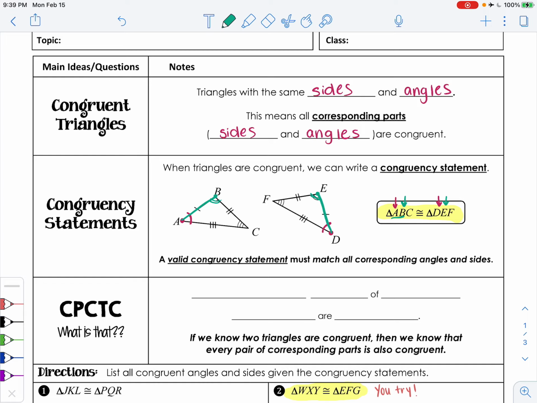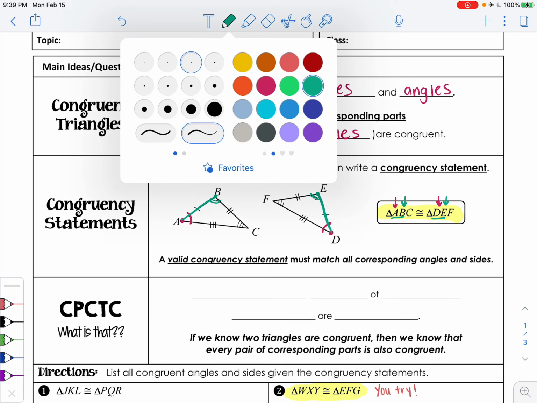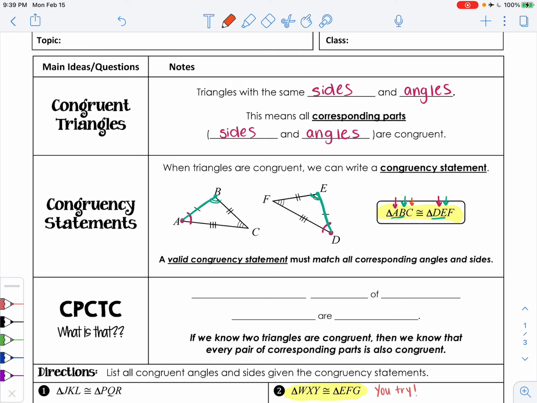A, B, D, E. And then the last letters are C and F. Again, C and F are corresponding, so their angles are congruent, but they also create corresponding sides as well. Like we said, the sides and the angles are all corresponding and congruent.